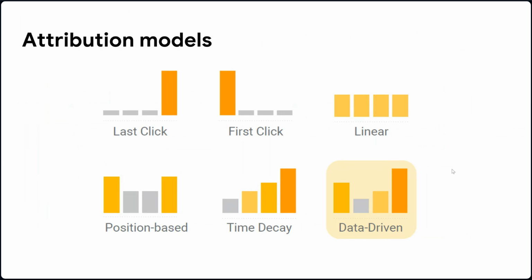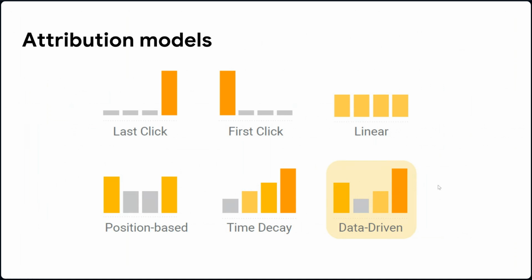And even when you create a new conversion action in Google Ads now, I think by default the data-driven model is selected. And the data-driven model basically uses Google's AI to distribute parts of the conversion value into different channels, depending on how prominent those were.